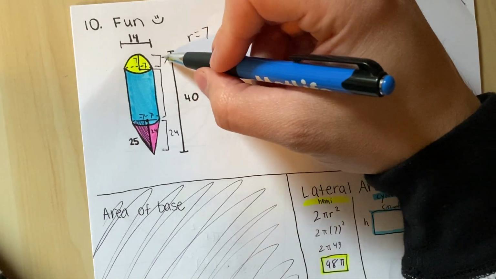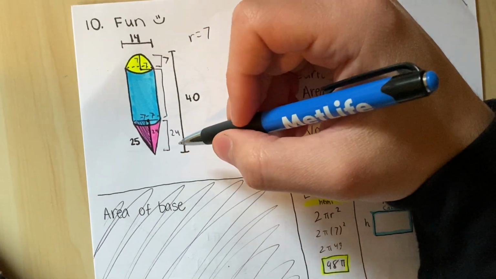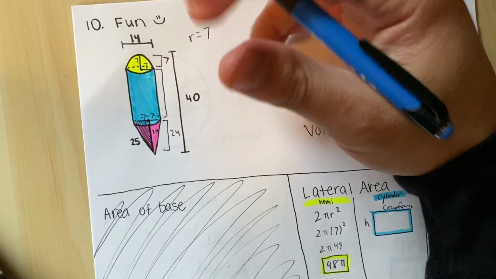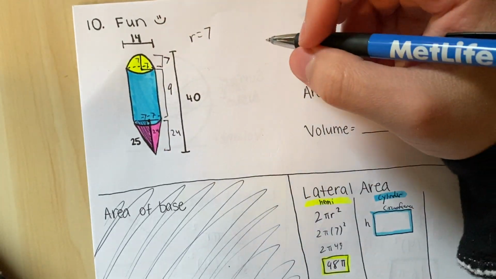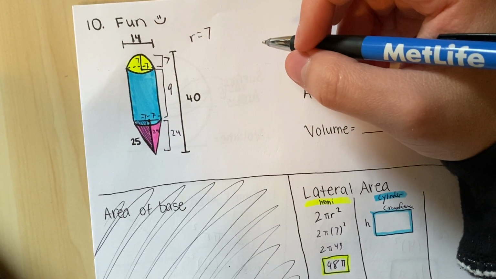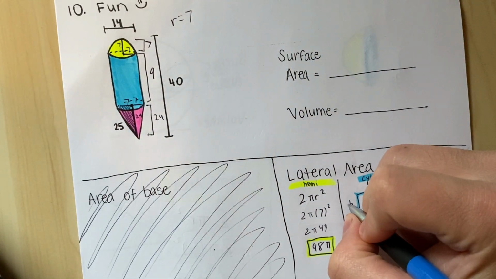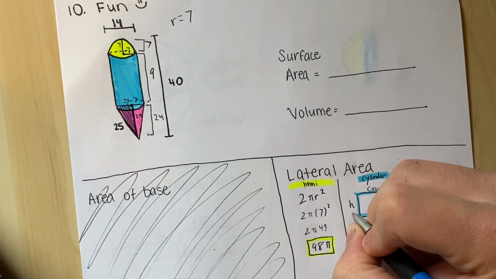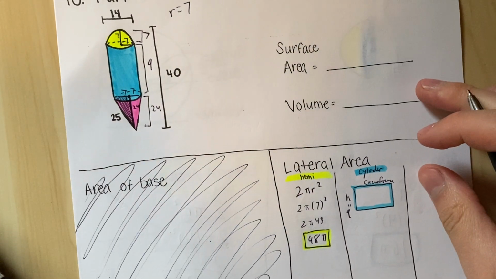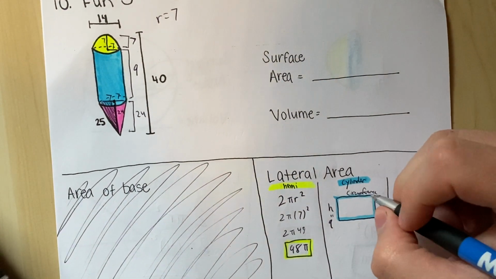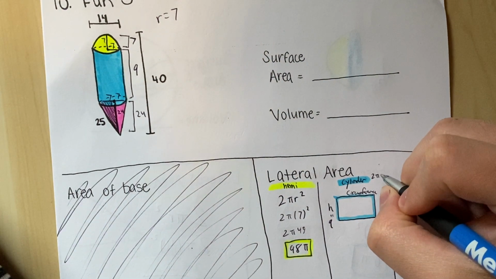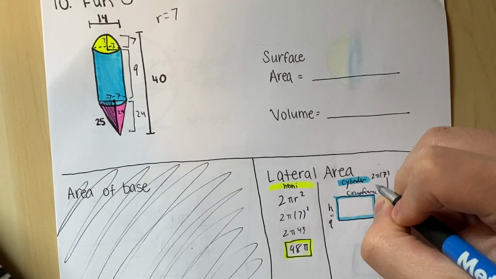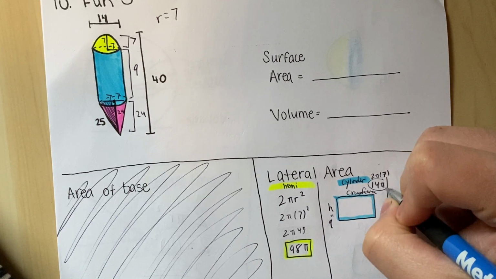From there, if this is 7 and this is 24, that makes 31, which means that this is 9. So the height of your cylinder is 9. And the circumference is 2 pi r, so 2 pi times r would be 14 pi.